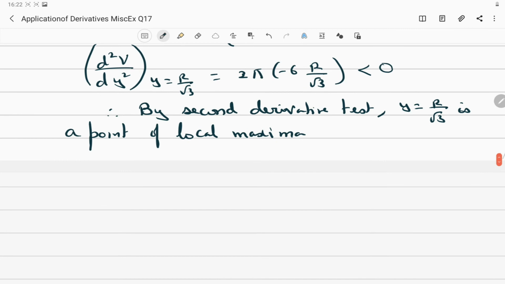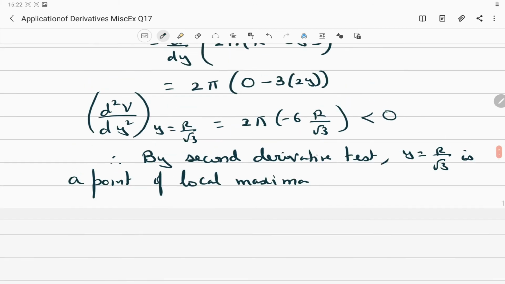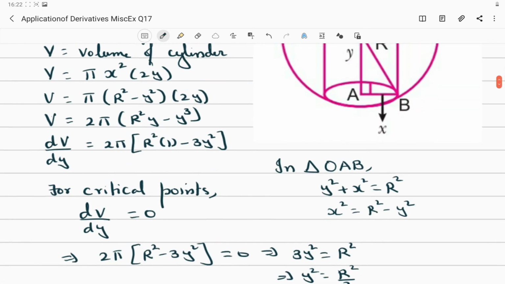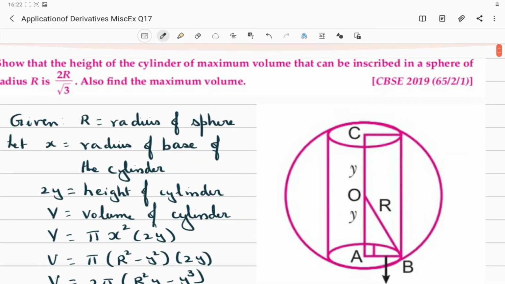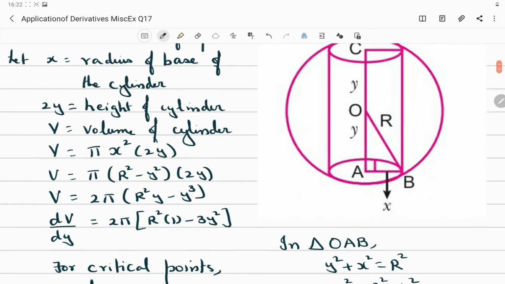Now we have to find the maximum volume. So, what will be the height? The height of the cylinder is 2y. We have to prove that the height of the cylinder when the volume is maximum is 2R by root 3. We obtained the value of y as R by root 3, so obviously 2y becomes 2R by root 3.